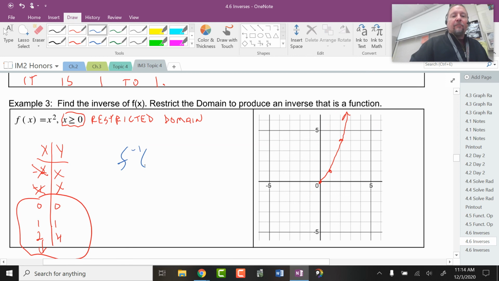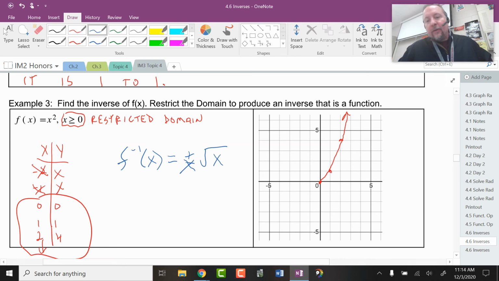So yes, I'm going to find the inverse of this. I'm going to square root both sides. And then mathematically, Mr. Samuelius yells at me if I don't put plus minus. Oh, but wait a minute. The restricted domain, I don't have the minus part of that square root graph. Now, input output: square root of 0 is 0.